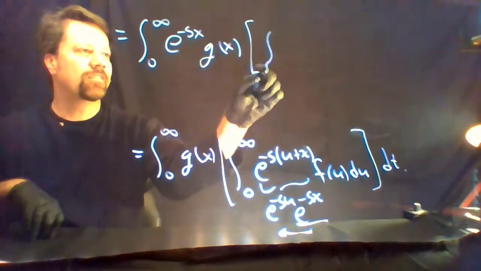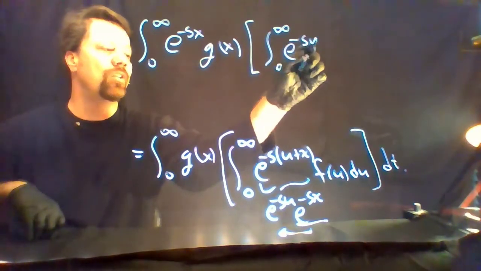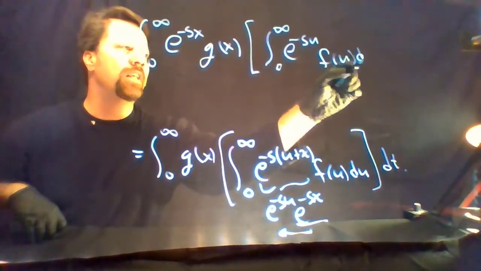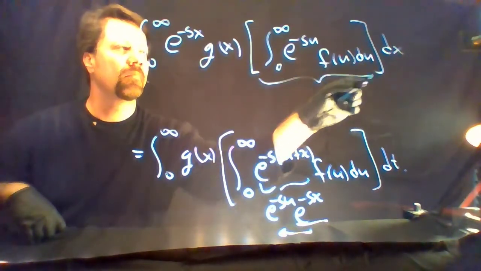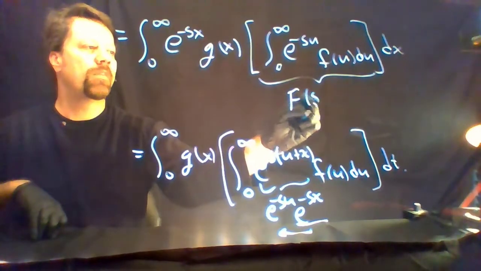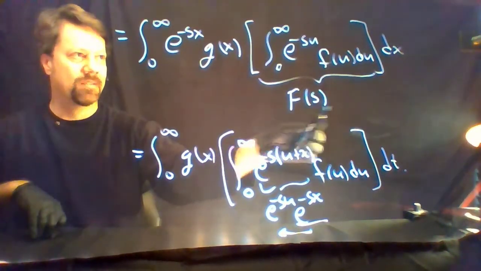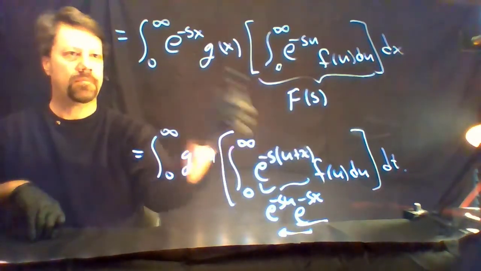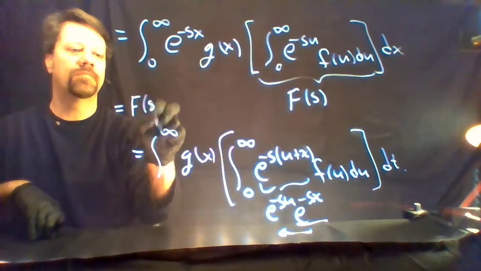We have the integral from 0 to infinity e to the minus su f of u du, all times dx. This part is the Laplace transform of f. And since this depends only on s and not on x, it can be brought out of this other integral.